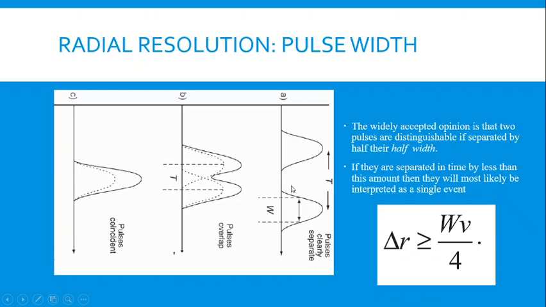If we take the total wavelength of the pulse and multiply it by 1 by 4, then we get the minimum dimension to be identified using the GPR. So the pulses should have a proper separation.